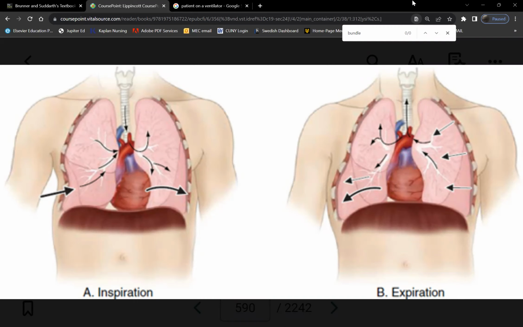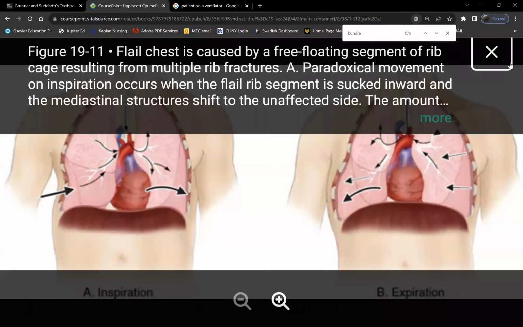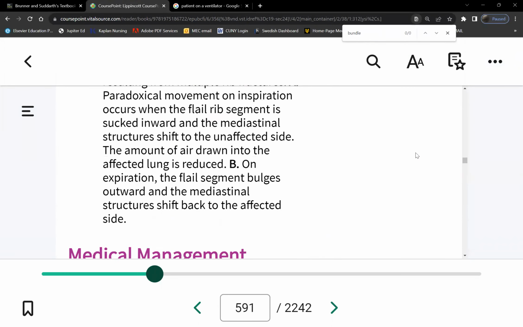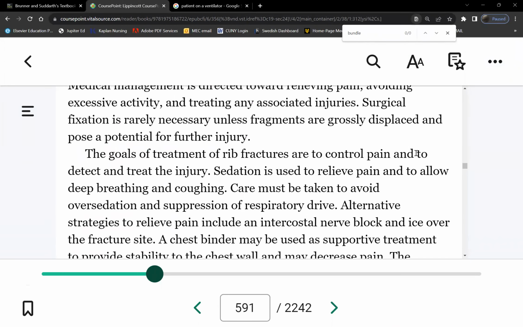There will be paradoxical movement on the affected side. However, it will push all the structures to the opposite side, including the heart, unfortunately. So that's the difference between a rib fracture and a flail chest. Which one is an emergency? This is an emergency, because this will lead to shock.